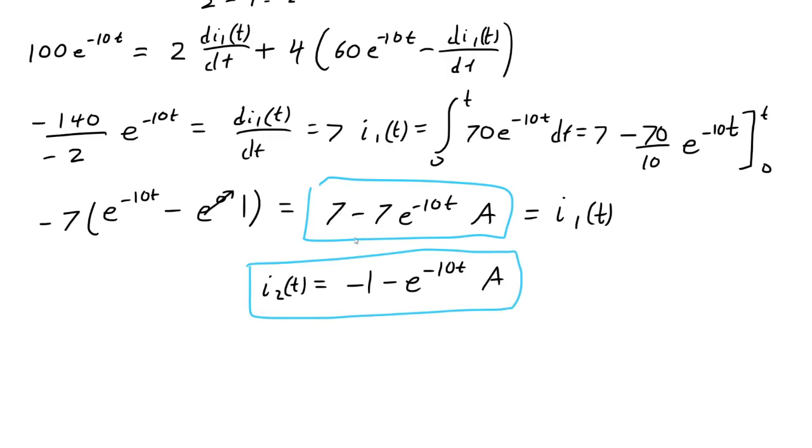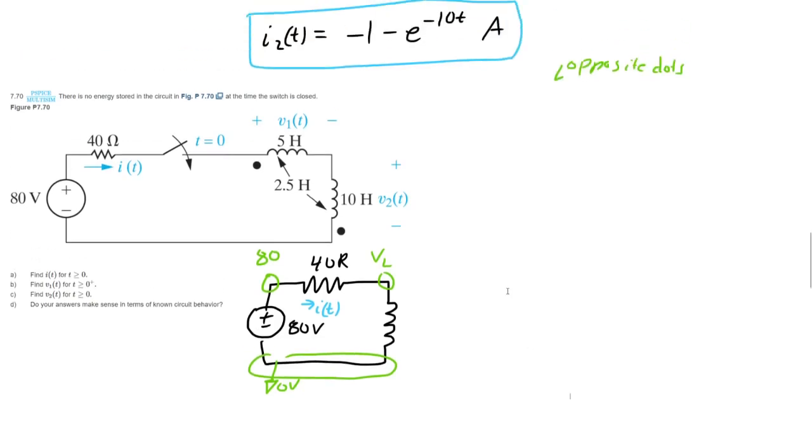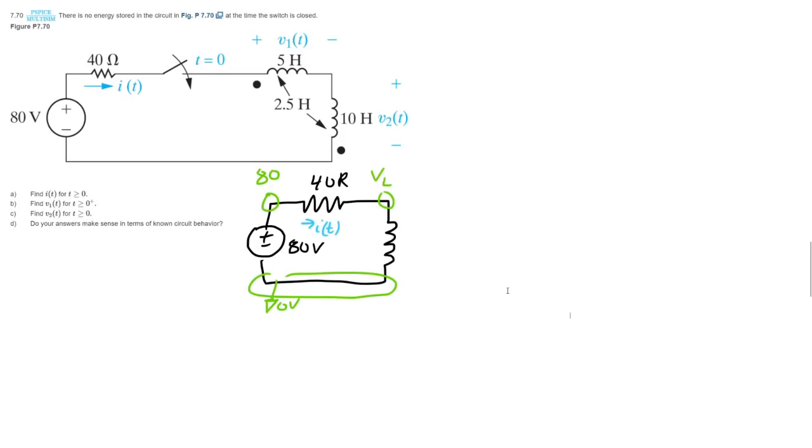So let's move on to the next one, which I believe is the same problem, but we flip the dots. All right, so I was misremembering; the one with the dots flipping ends up being the one right below this, the next problem. Anyway, it's not important. We've got no energy stored in the circuit before the switch is closed.